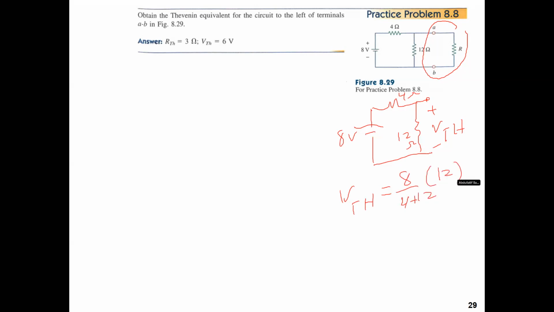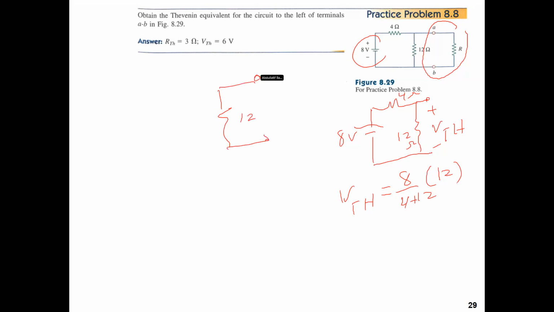Again, it doesn't matter whether you find VTH first or you find RTH second or third. Now, to find RTH, we have to remove the 8 volt and replace it with a short. R has to be removed from the beginning, even before we find VTH or RTH. So here's the 12.